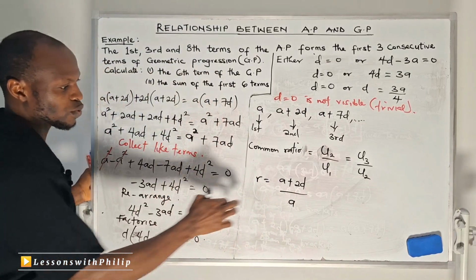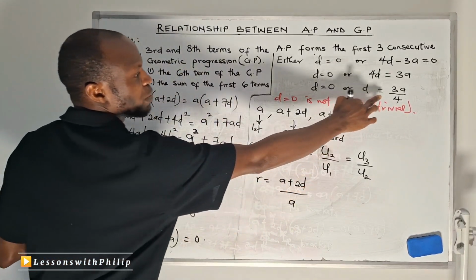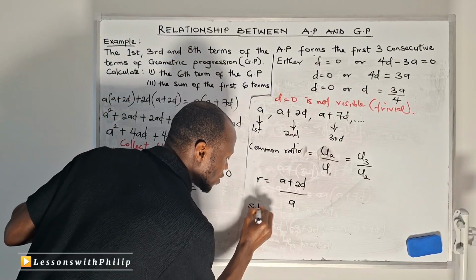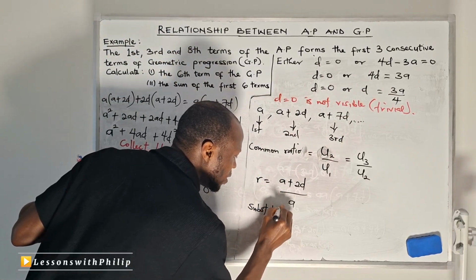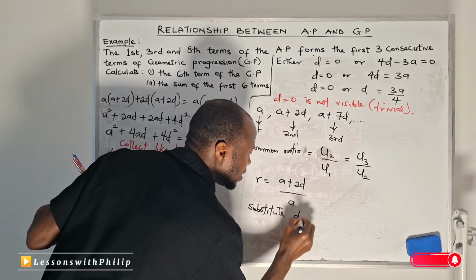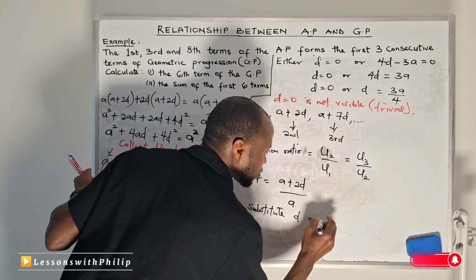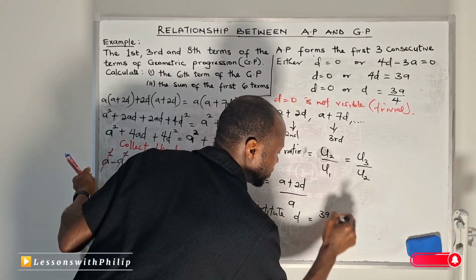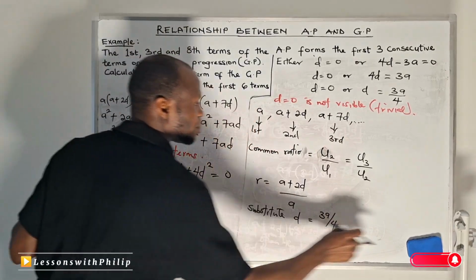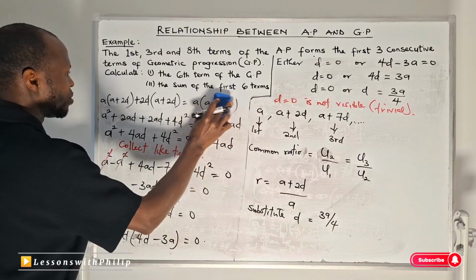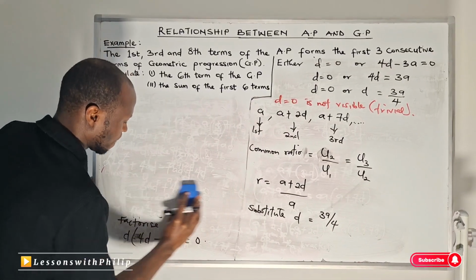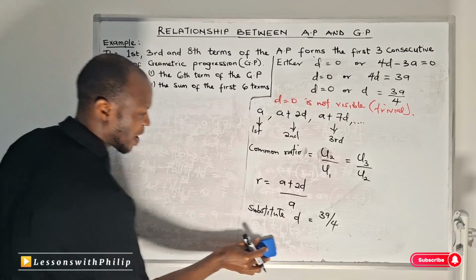In this case, what is my D? My D has been gotten to be 3A over 4. Now you substitute D equals 3A over 4 in your common ratio. Please allow me to clean this. We're getting there. Don't worry, you'll get it perfectly.